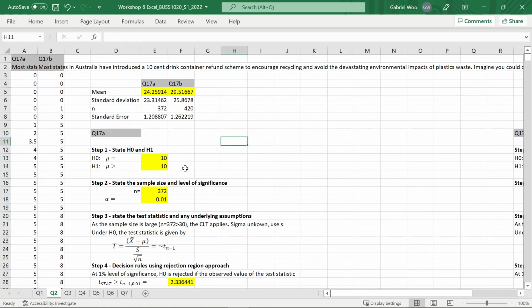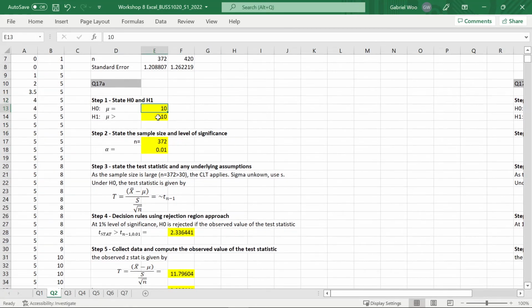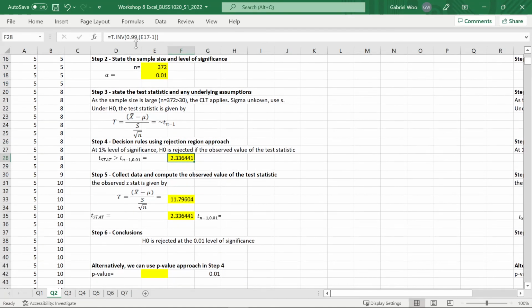So this is why we have to use the t-test. Instead of using NORM.S.INV, we have to use T.INV to calculate the t statistic.